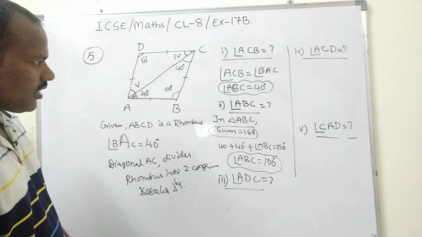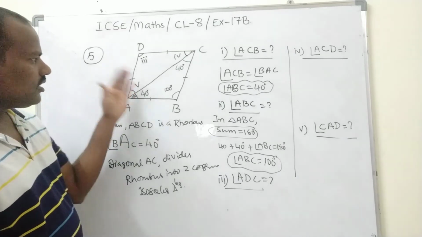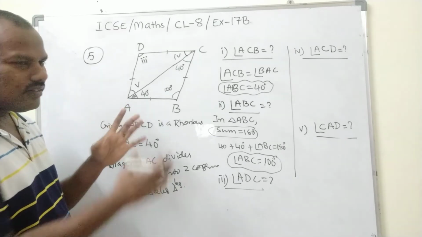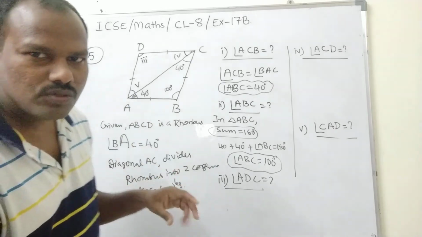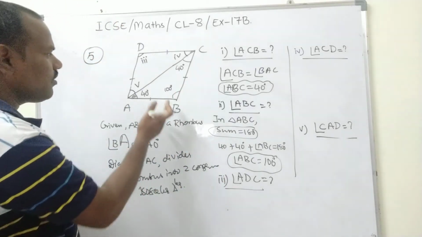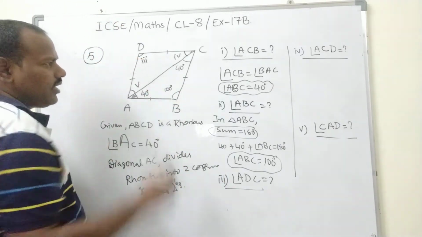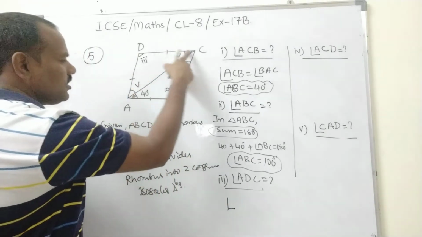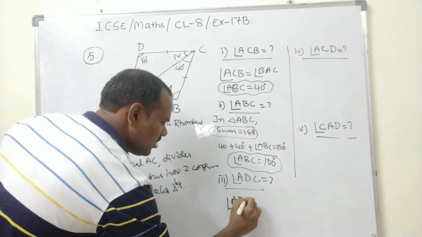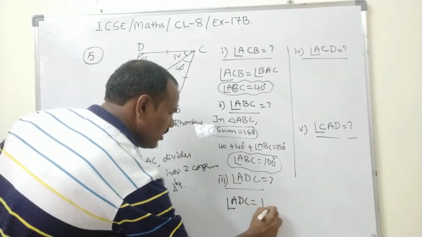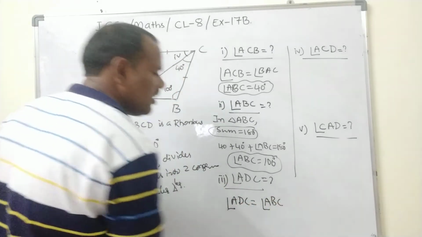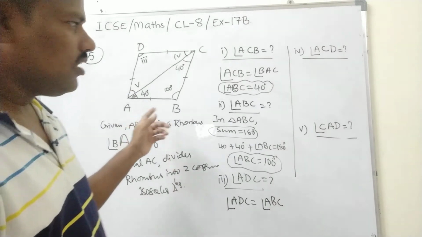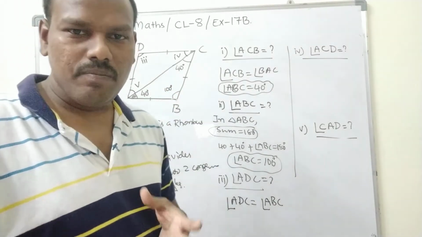Now you can make a statement. Since AC is dividing the rhombus into two congruent triangles, angle B is also equal to angle D. So angle ADC is equal to angle ABC. Why? Because opposite angles of a rhombus are equal. Of course, this comes under the parallelogram family.